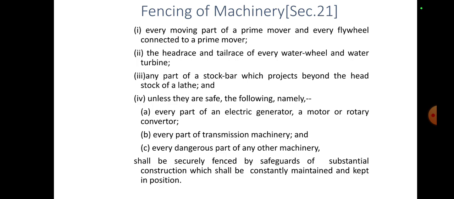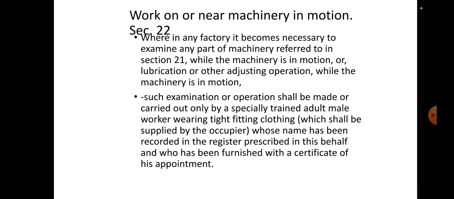In order to avoid such things, the fencing of machinery, where they will be working with huge, dangerous machines, that fencing and necessary awareness about how to operate those machines is very important. So that we discuss under section 21. And work on or near machinery in motion under section 22.